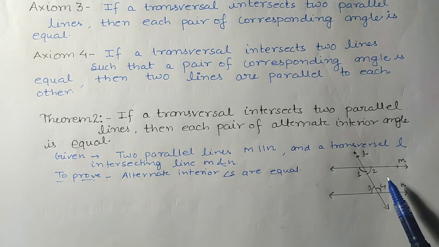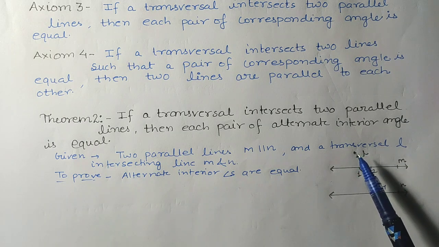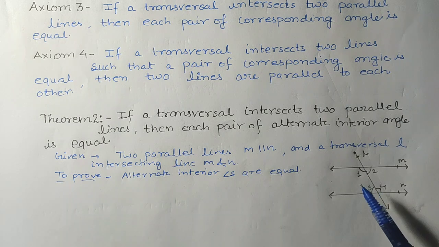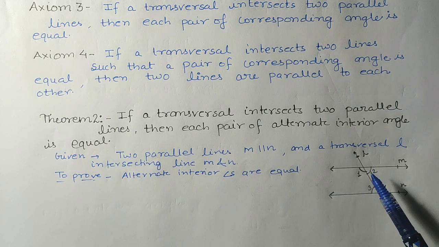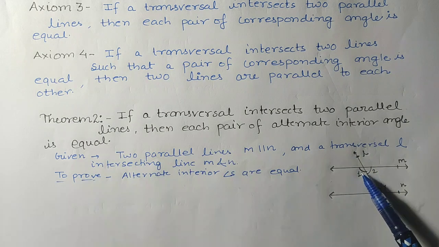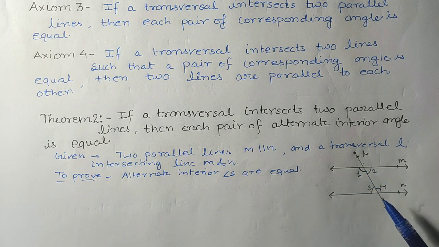Suppose this is the diagram of this figure where these are the two parallel lines M and N and the transversal L is intersecting these two lines. Here is angle 1, angle 2, angle 3 and angle 4. We have to prove alternate interior angles. In the previous case we drew a different diagram where we assumed angles 1, 2, 3, 4 differently, but here we have assumed this is angle 1, this is angle 2, this is angle 3 and this is angle 4.